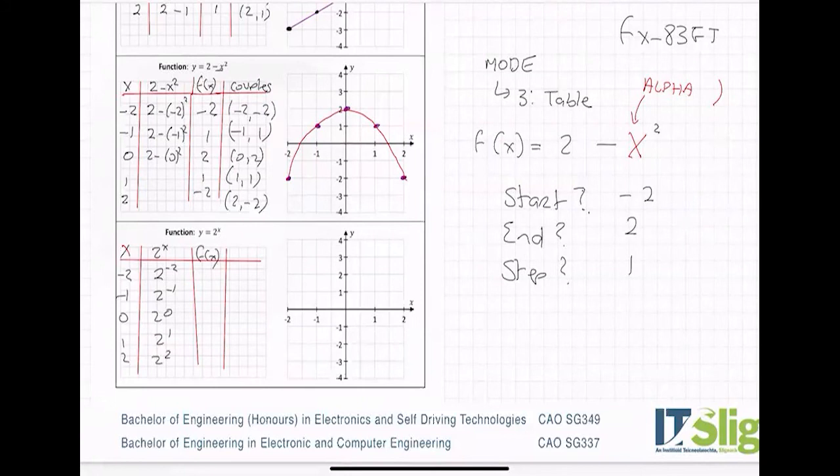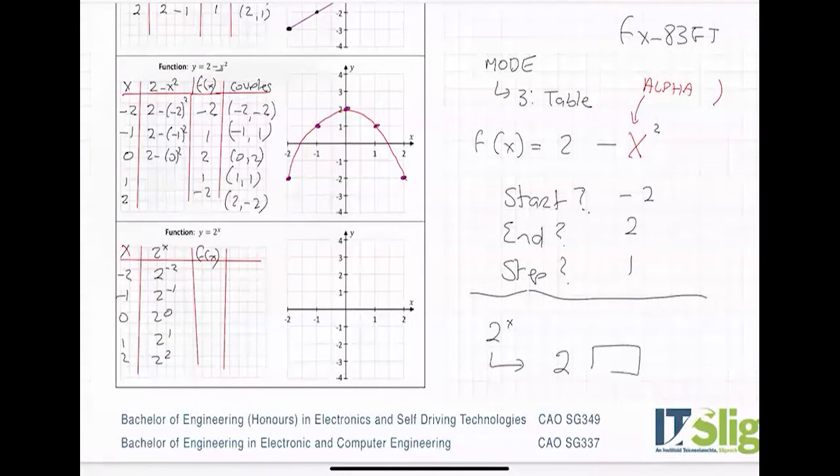So it's up to you whether you put it in the calculator as an f of x. Just make sure that, so it's 2 to the power of x, when you're putting it in that you go 2 and then you hit the x button like that, because that gets you to jump up to the power.